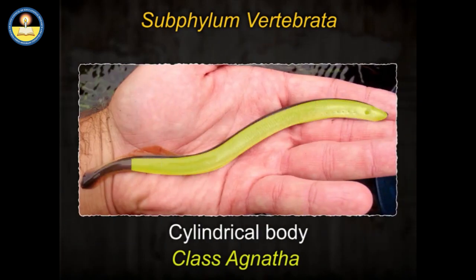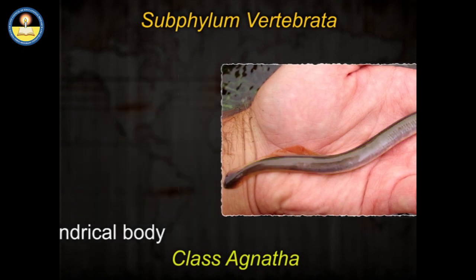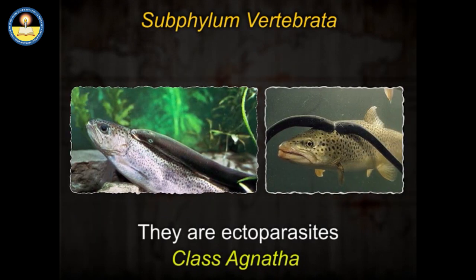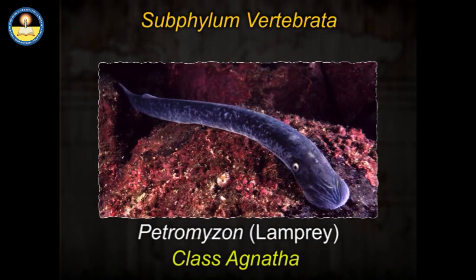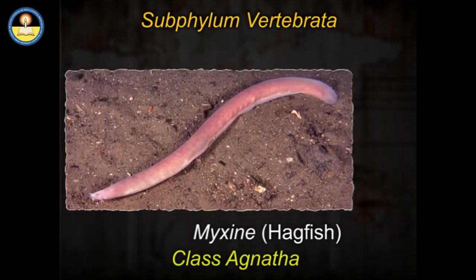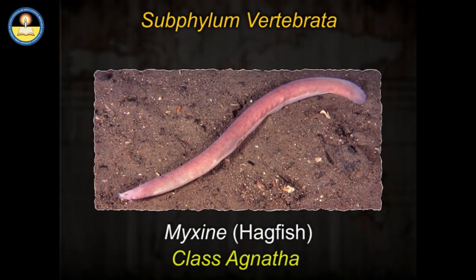They have a cylindrical eel-like body. They feed on the blood of other fish, which is usually a shark. Hence, they are ectoparasites. Examples: Petromyzon, lamprey, and Myxine, that is hagfish.